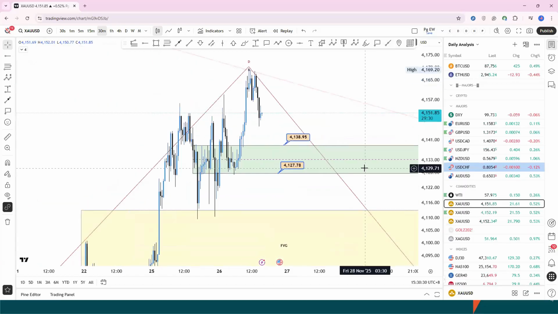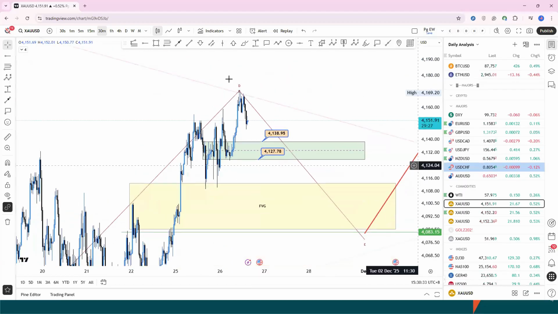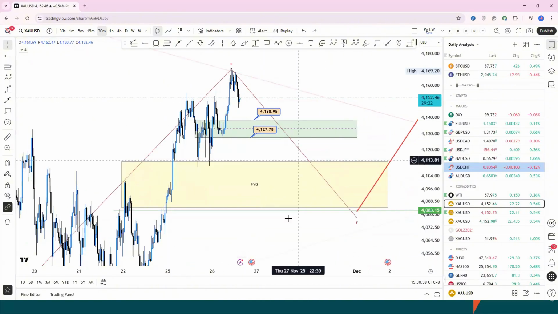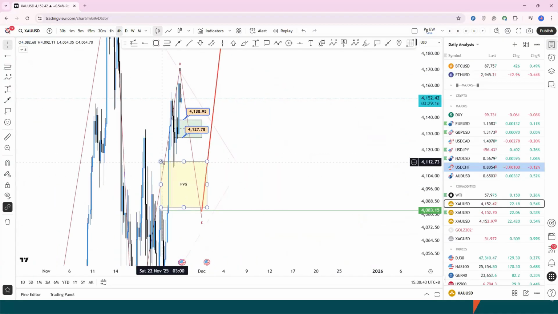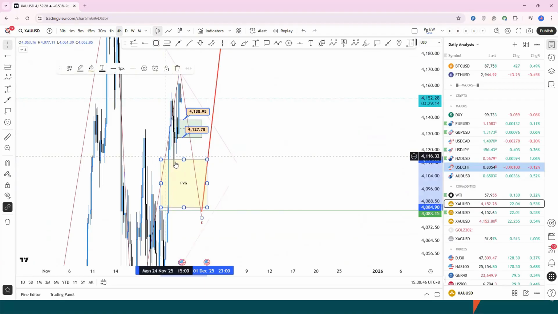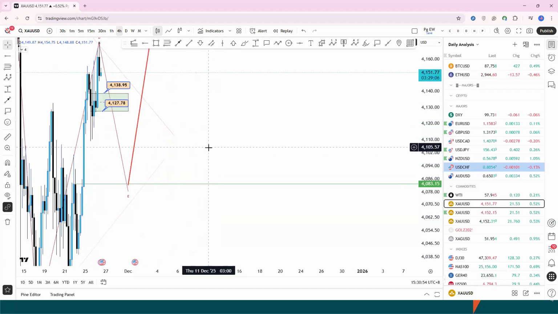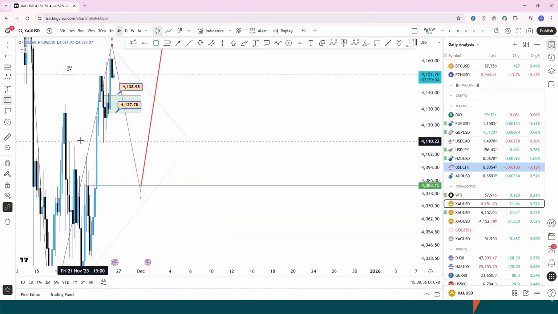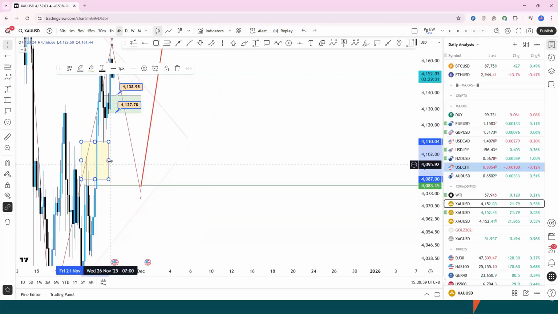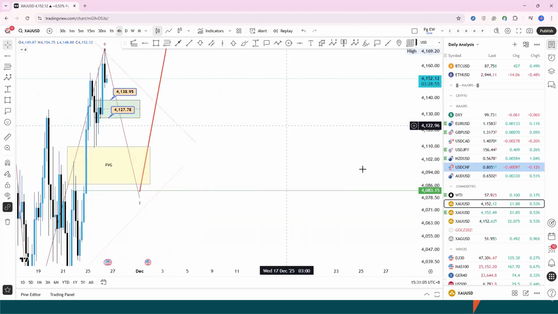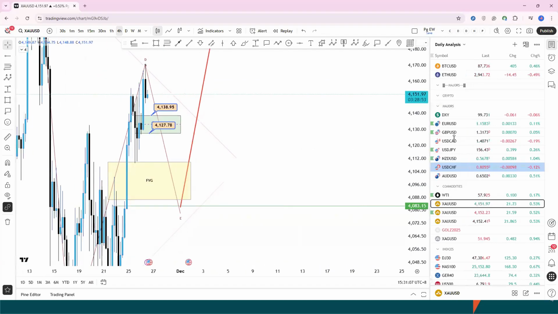Yeah. You will see the pullback, and then the FVG somewhere around here. Because yesterday, on Tuesday, price went into the FVG zone and then rose. Okay, so I'll just remove my FVG. We have an FVG over here. FVG, fair value gap.